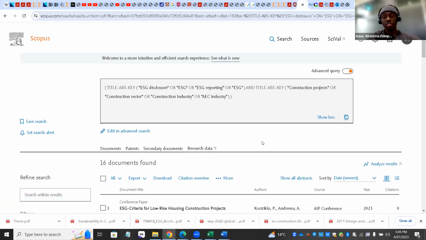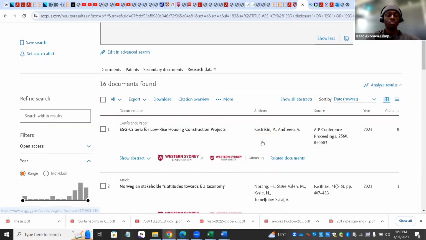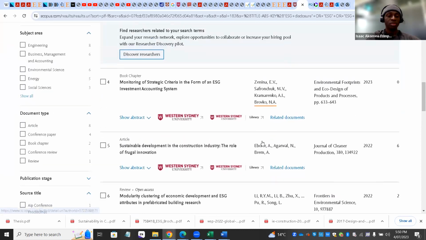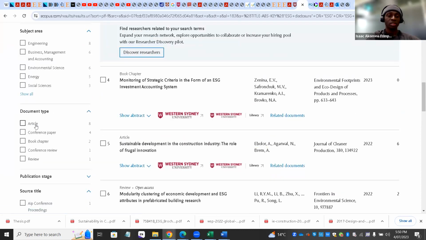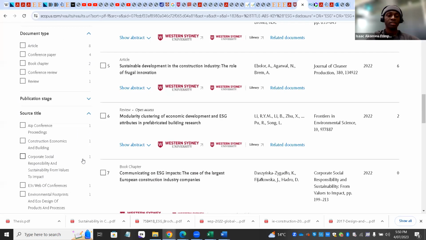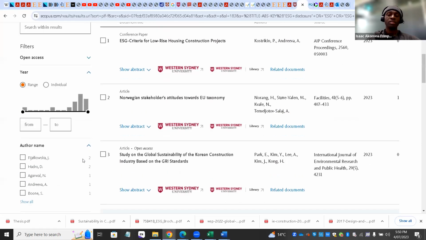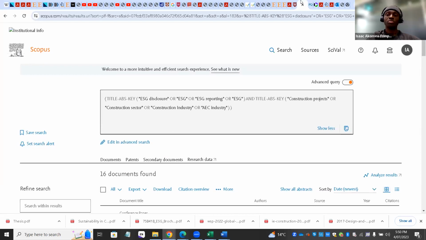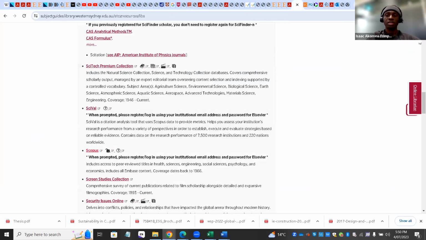Initially, I actually got 20, but upon further refinement, when I took out the books and all that, I ended up getting only 8 here. That's what's here. And if you add the reviews, that's 9. Okay, so 8 from PubMed.